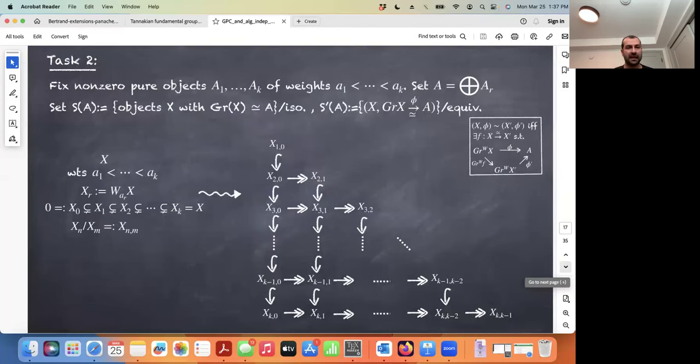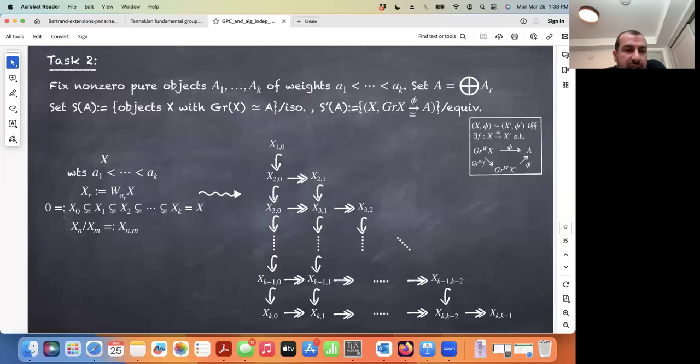Now, if you give me any X with weights A1 to AK, it gives rise to a diagram like this. Let me explain what this diagram is. The weights of X are A1 to AK. To make our notation simpler, let's define XR to be W_AR of X. So now you've got a K-step filtration on X: X1, X2, and so on.